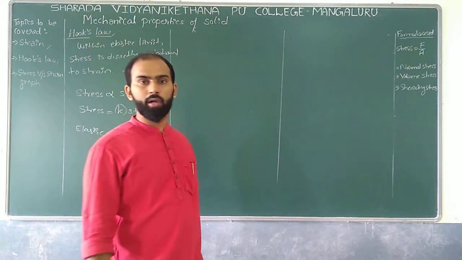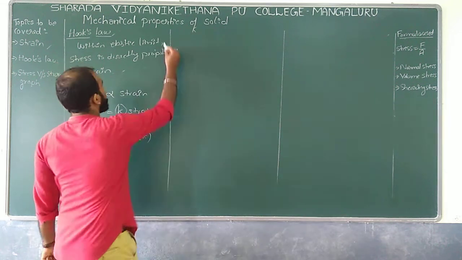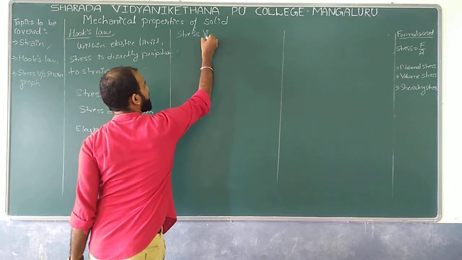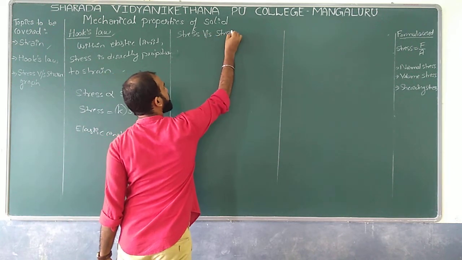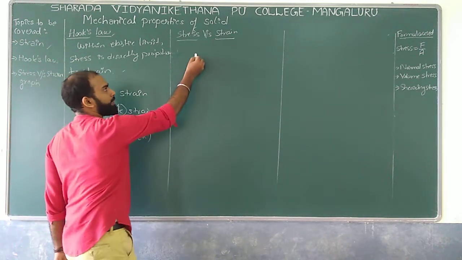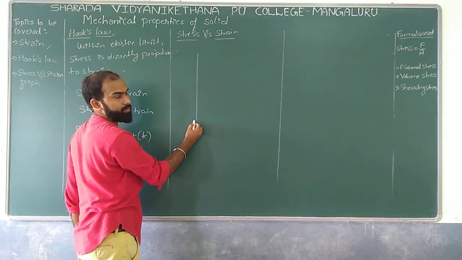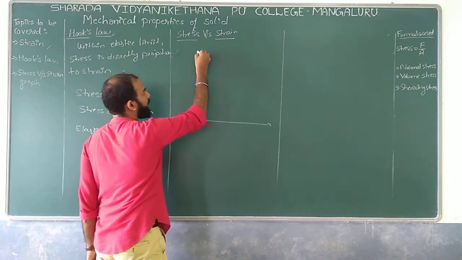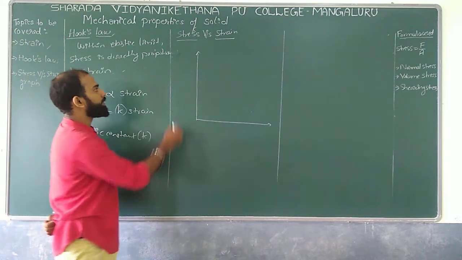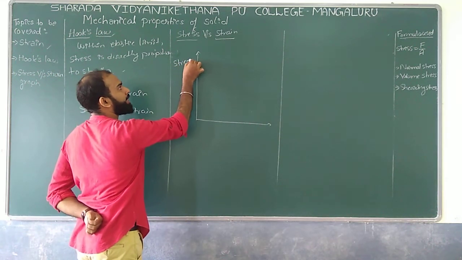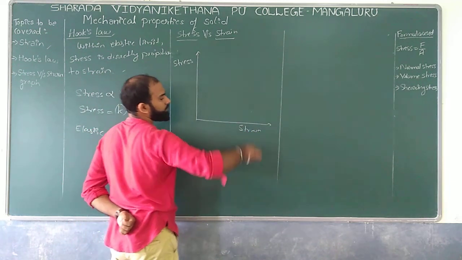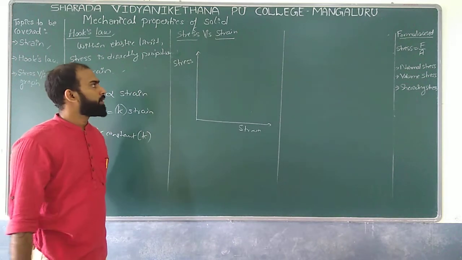Now, one more concept we need to do: if I plot a graph of stress versus strain. You take one line somewhat like this, that is the stress, and one more line, that is the strain over here. Stress in the y-axis and strain in the x-axis.